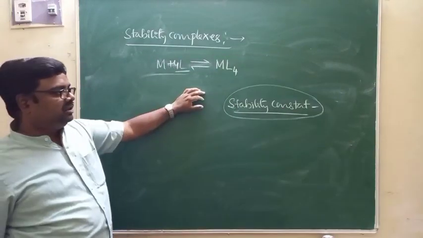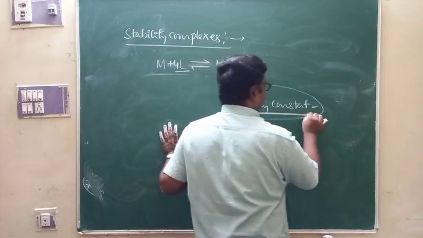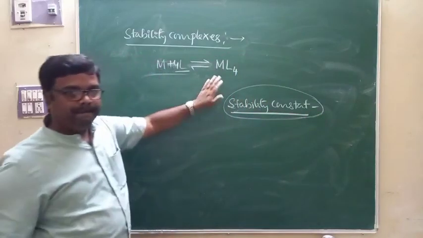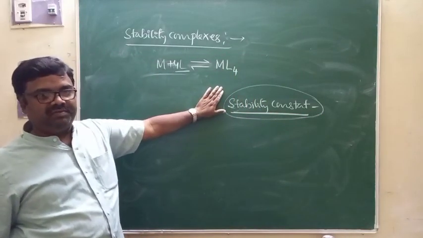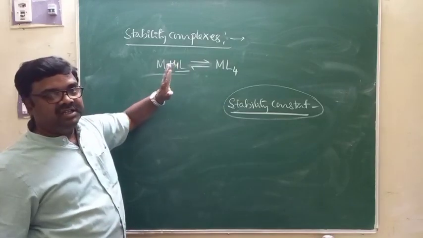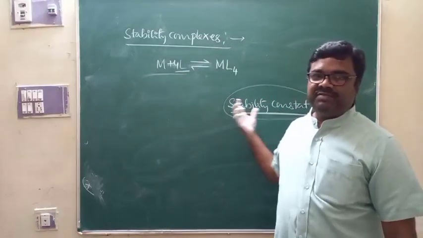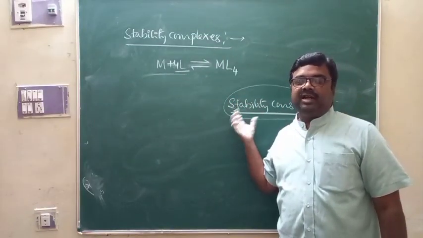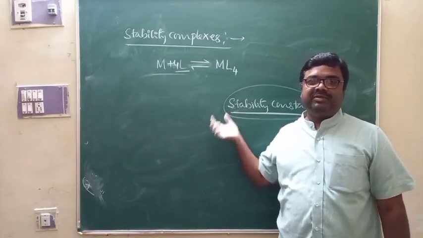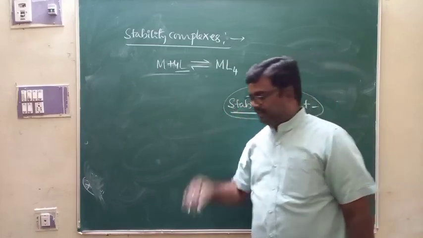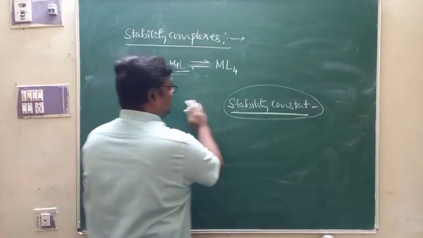This is one particular physical quantity that I can make use of in order to express the stability of the complexes quantitatively. What is that stability constant?